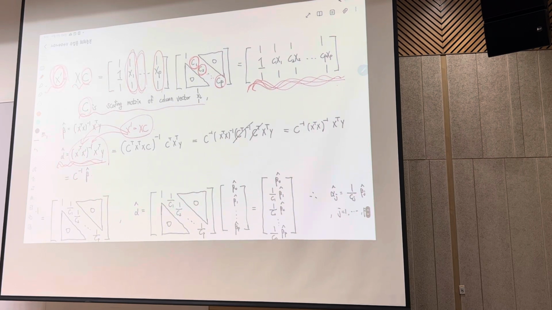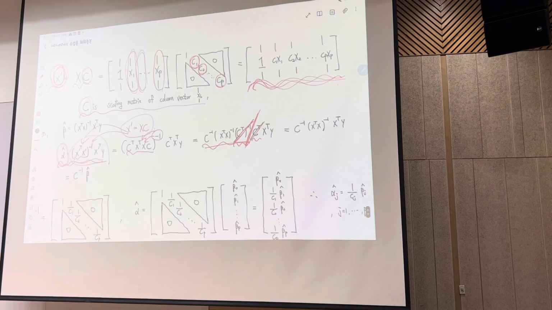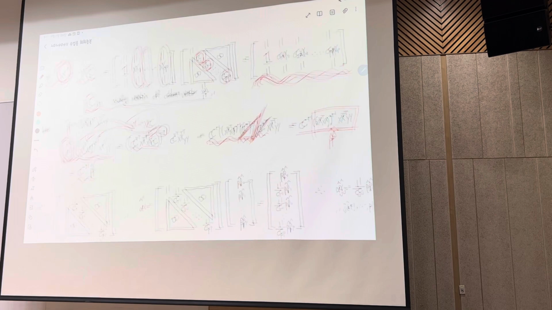Then x prime transpose x prime will be C transpose x transpose x C, and by using the inverse of this term, we can rewrite like this. Then C transpose inverse and C transpose cancel. Then alpha hat is equal to C inverse, x transpose x inverse, x transpose y. And this term is beta hat. So alpha hat is equal to C inverse multiplying beta hat.